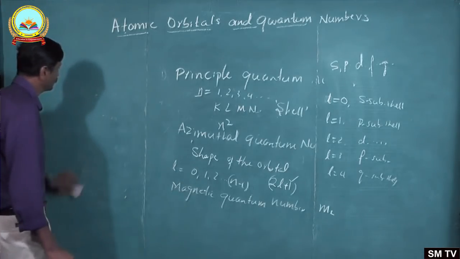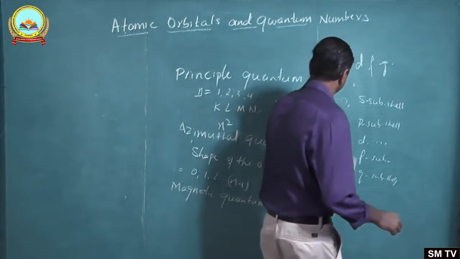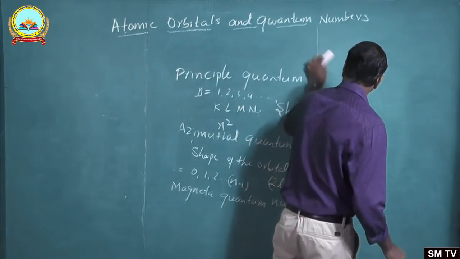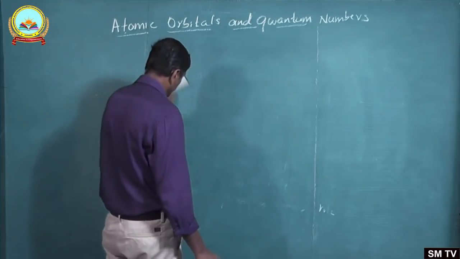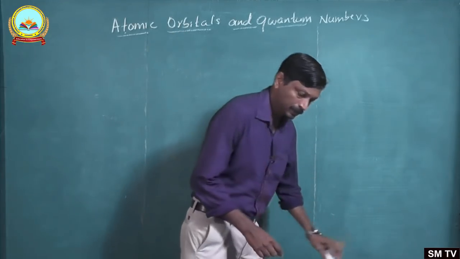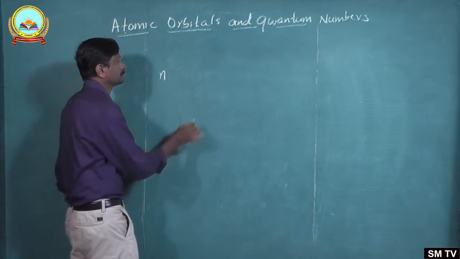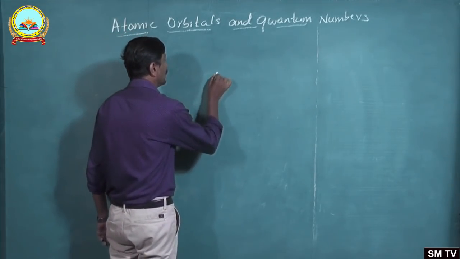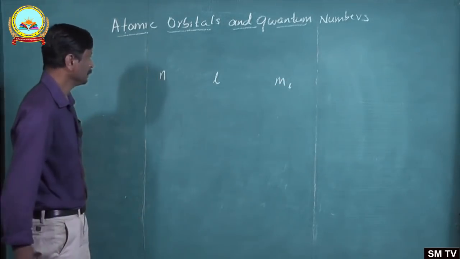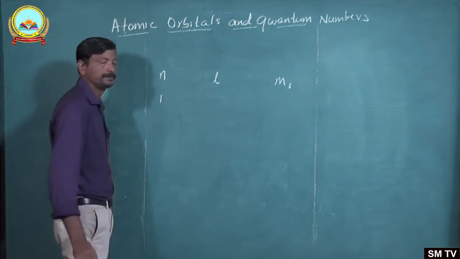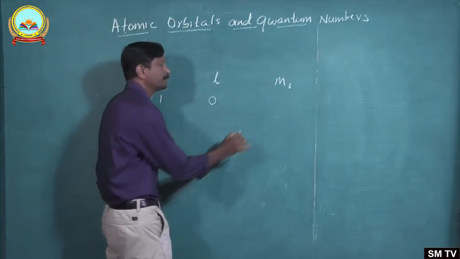So, after that, now you can look at the values of all 3 quantum numbers. I can write here N, L, M. Suppose N is equal to 1, L is equal to 0, M is equal to 0.